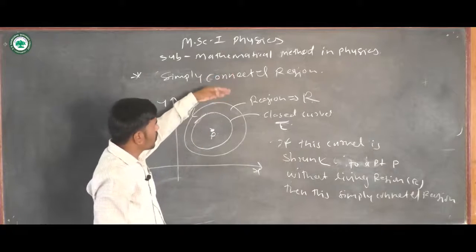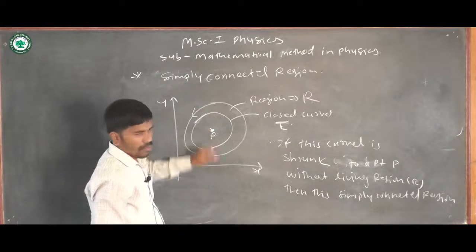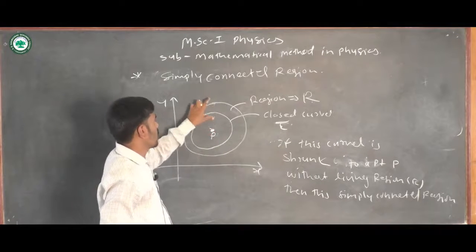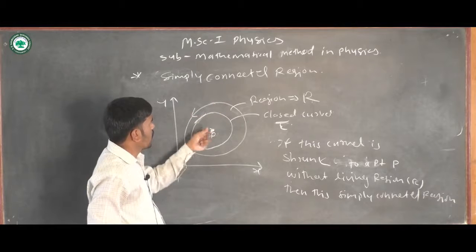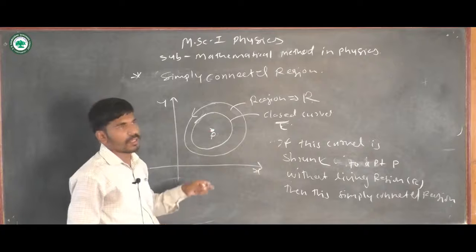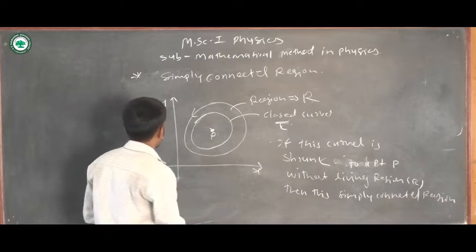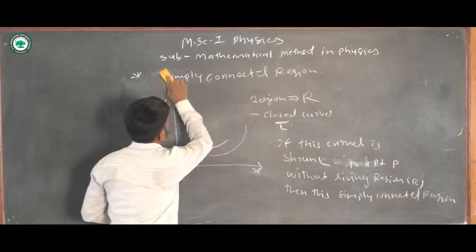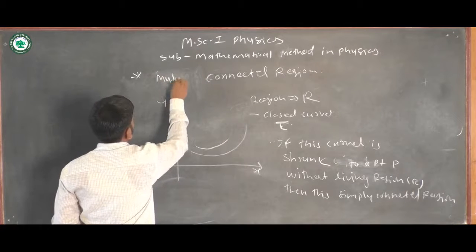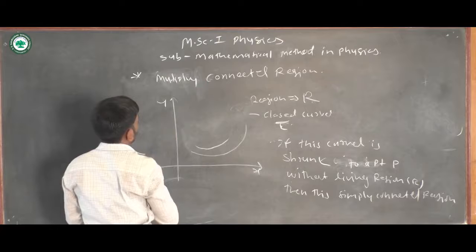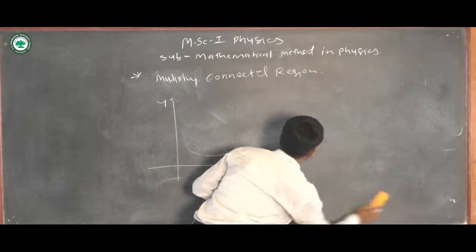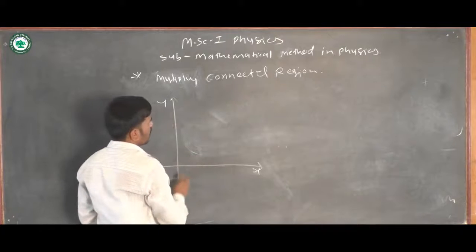And those regions where the curve, when shrunk to the point, leaves the region are the multiply connected regions. Let's discuss that also. There is a difference between the simply connected region and the multiply connected region.